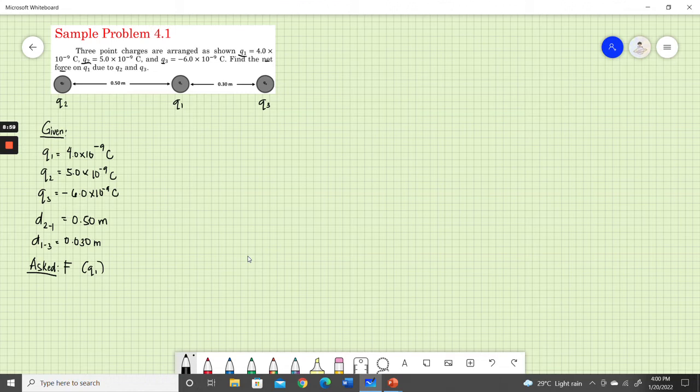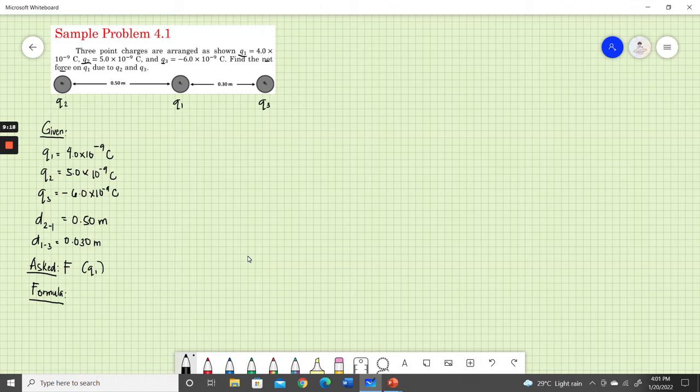So how are we going to solve this? Let's identify the formula that we have to use. From our discussion earlier, in order for us to measure the net force, we need the superposition principle.